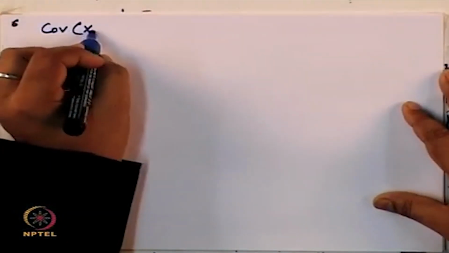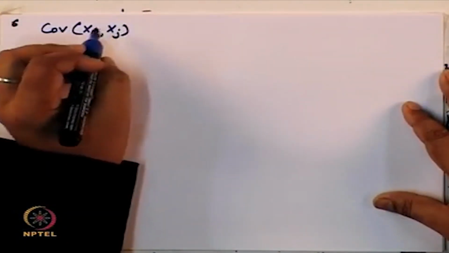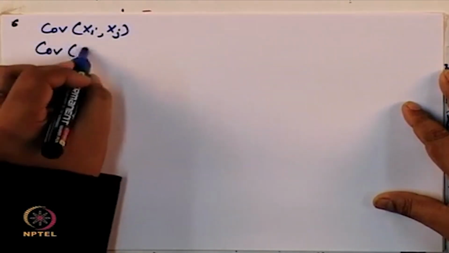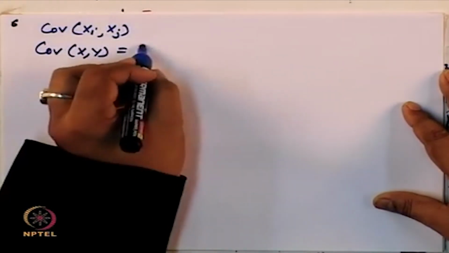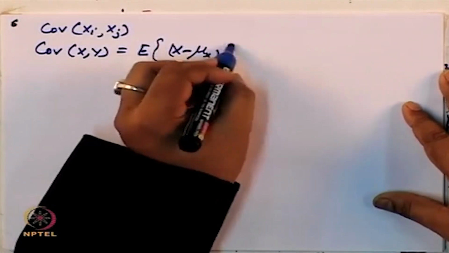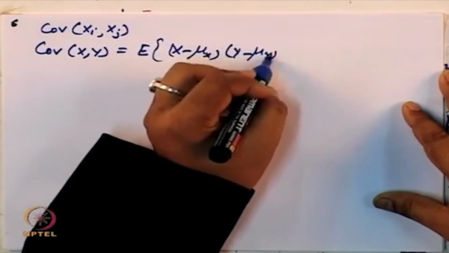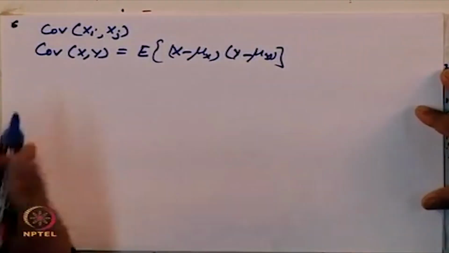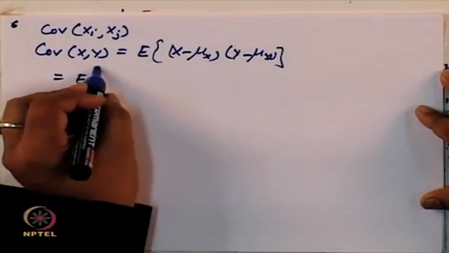How do we define covariance? Covariance of xi comma xj, or let us say covariance of x comma y, is defined as expectation of (x minus mu x) into (y minus mu y). I can expand this.